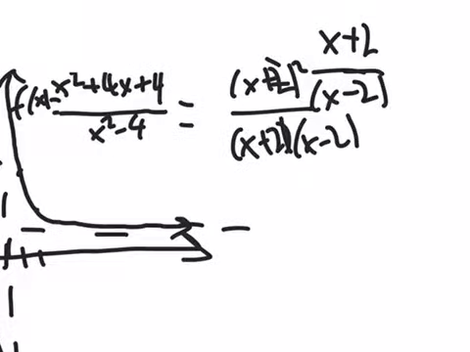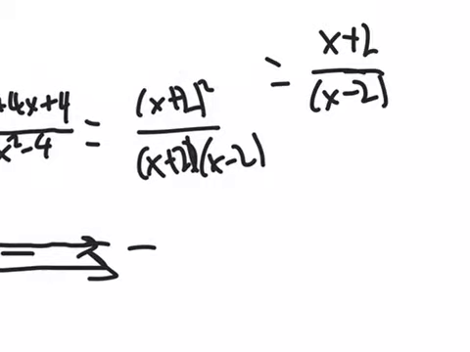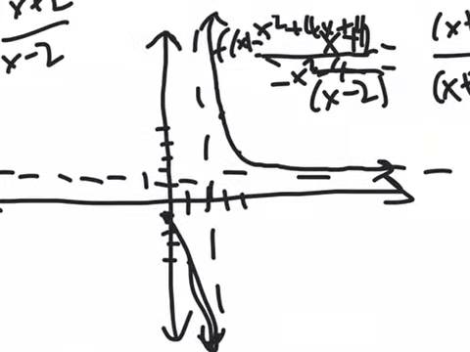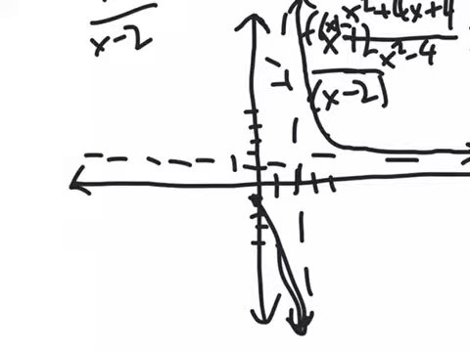Alright, but you still have to remember, when we factored this, we simplified the x plus 2. So there is a hole at x is equal to -2, so you still have to label that. So when x is equal to -2, y is 0. So a circle here.